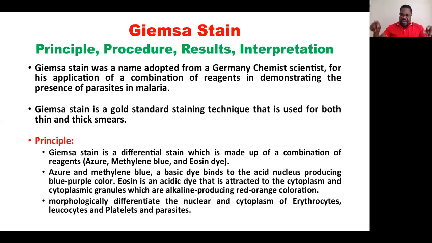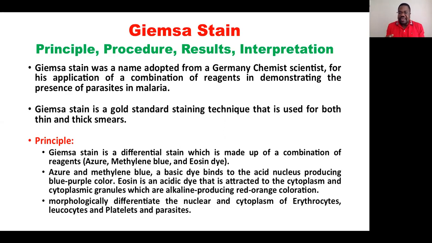Remember, a cell, like your blood cell or any cell found in the peripheral blood, has a cytoplasmic membrane, a nucleus, and many other substances inside the cytoplasmic area. The azure and the methylene blue are basic dyes, so they are able to bind to the acid nucleus to give a blue-purple color.